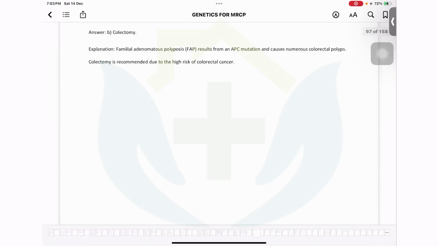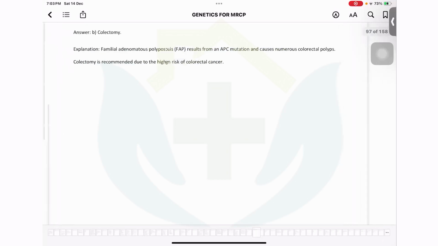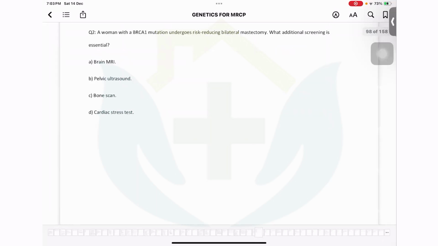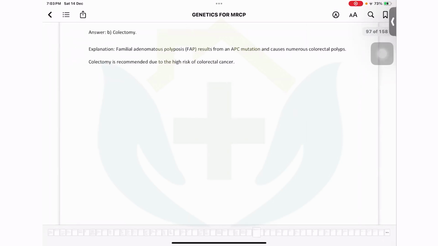If a colonoscopy shows polyps and a positive APC mutation, you should immediately do a total colectomy. Remove the colon and connect the ileum with the anus, so ileoanal anastomosis is done. So what will you mark as an answer?